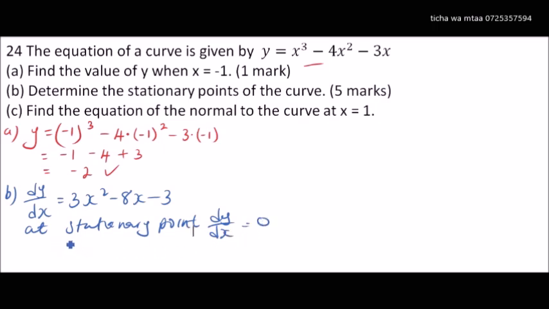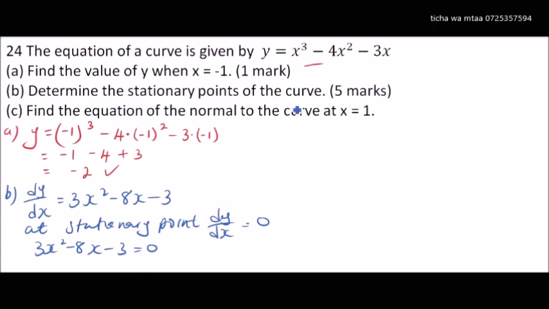So this means that 3x squared minus 8x minus 3 is equal to 0, which you can factorize. When you factorize this, you multiply 3 times minus 3, that becomes minus 9.